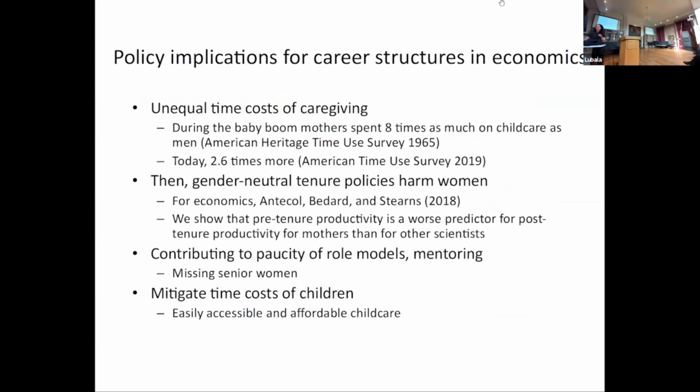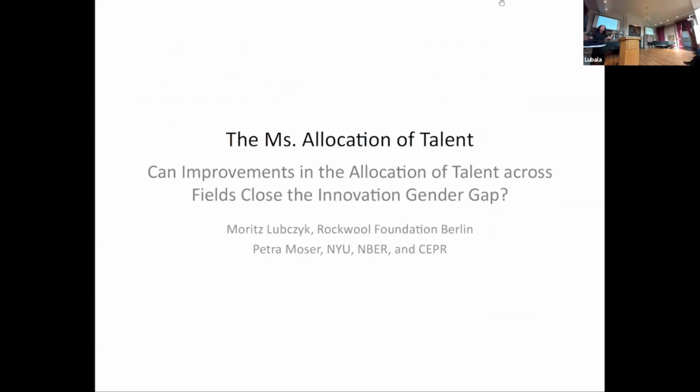So glad you asked. Yes, we're trying to do this in a paper. It's called The Misallocation of Talent, which I love the title. My co-author doesn't. But basically we see that women systematically sort out of certain fields. And part of that is that some fields are less friendly, they might have up or out policies, so they're less friendly to having women take a leave.